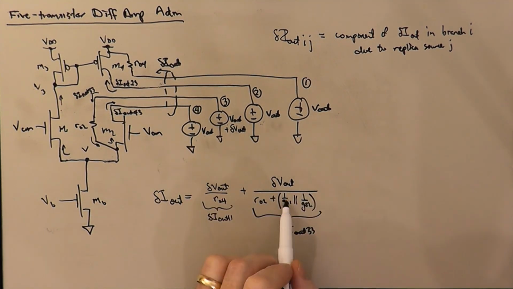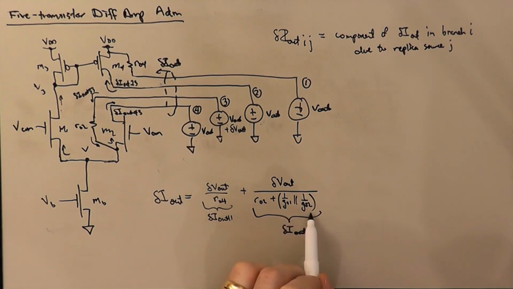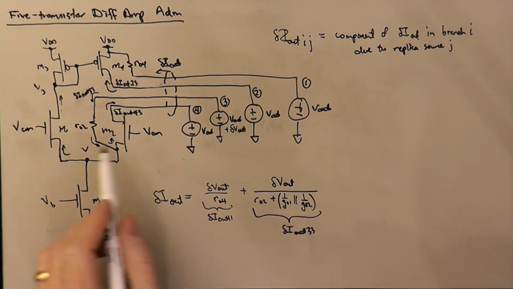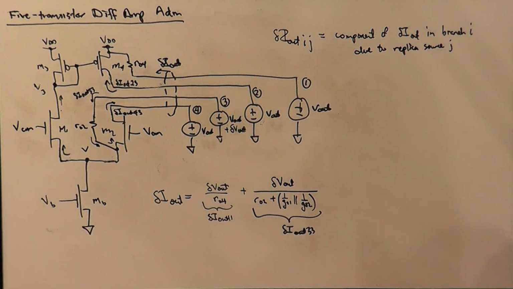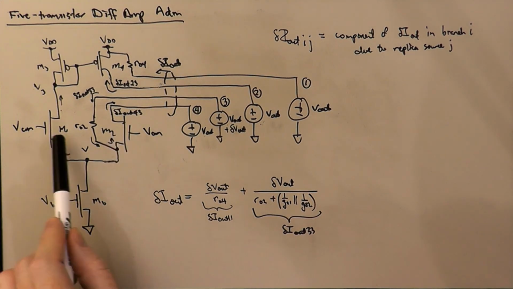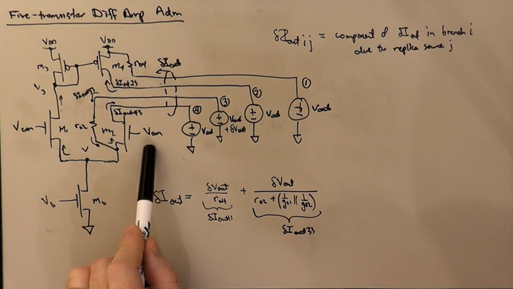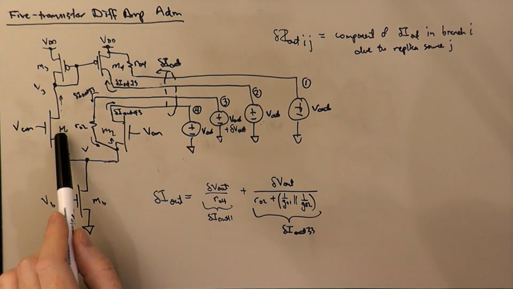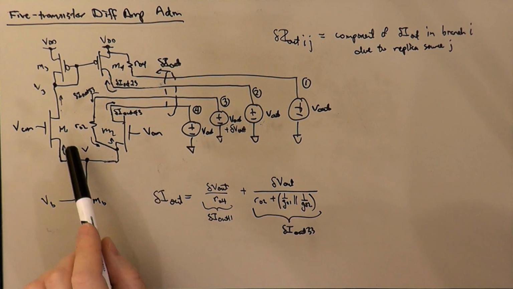Of course, 1 over GS1 is going to be the same as 1 over GS2. And the reason for that is, again, because our quiescent operating point, which is where these GMs and GSs are calculated, is the balance point here where we have a pure common mode input. And so the two currents of I1 and I2 are going to be the same.